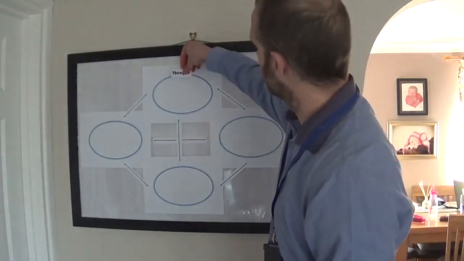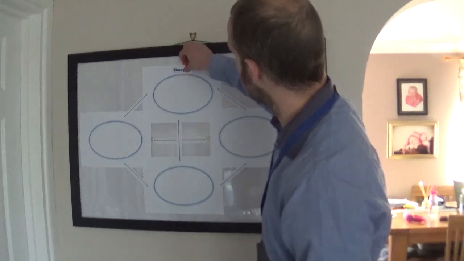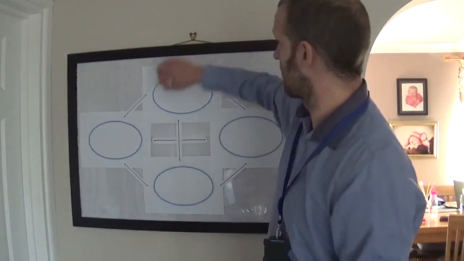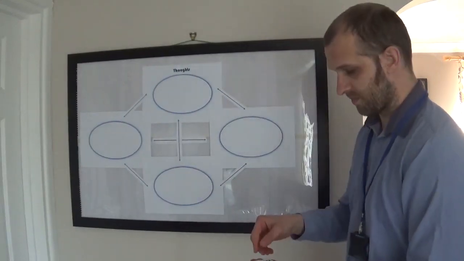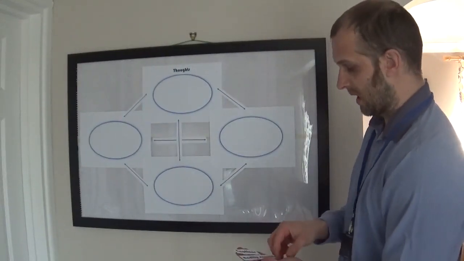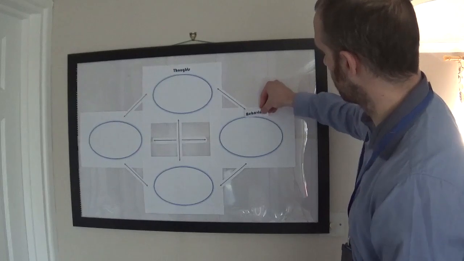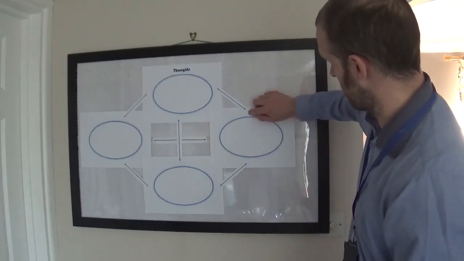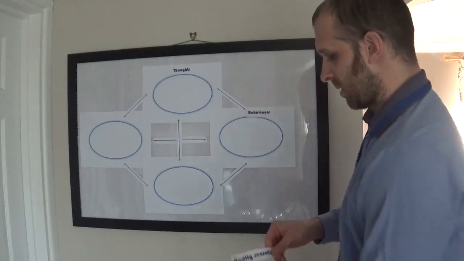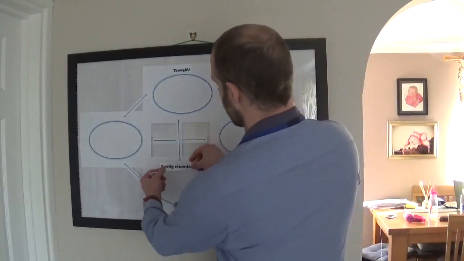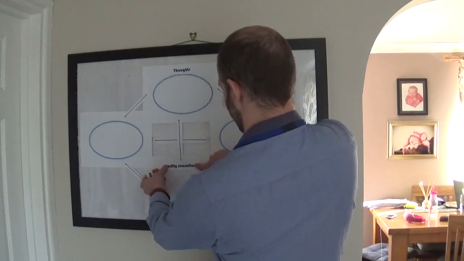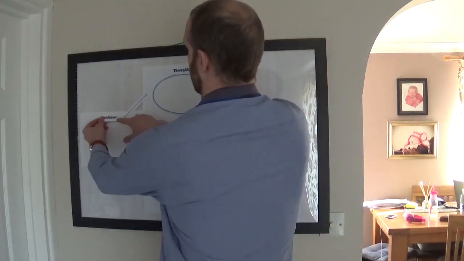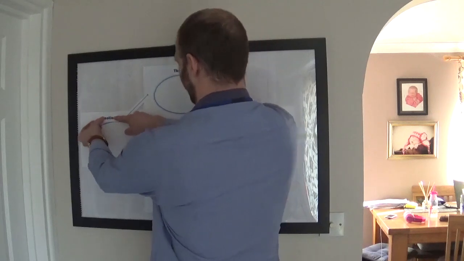So the first one I'm going to put at the top is thoughts. Okay, and the next one around, behaviours. One at the bottom, bodily sensations. And the one over here, emotions.